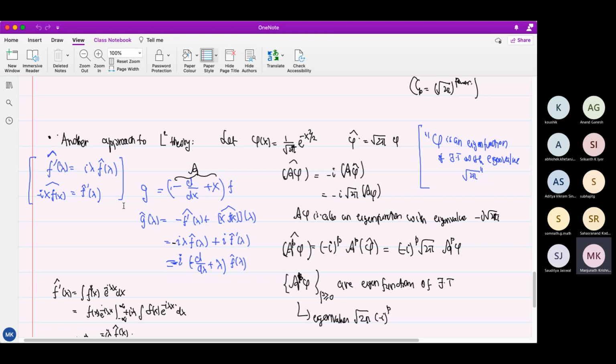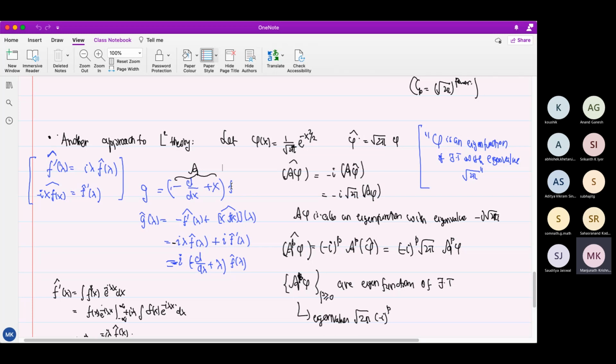Then, out of nowhere, I brought in this operator A, which is minus the derivative plus multiplication by x. So this is the operator A, and you keep applying this. What we have already understood is, if you know the Fourier transform of f, what the Fourier transform of the derivative is and what the Fourier transform of x times the function is.